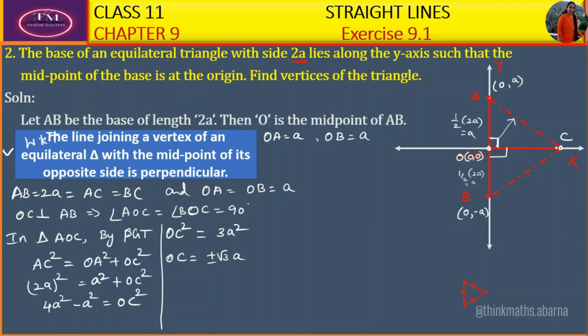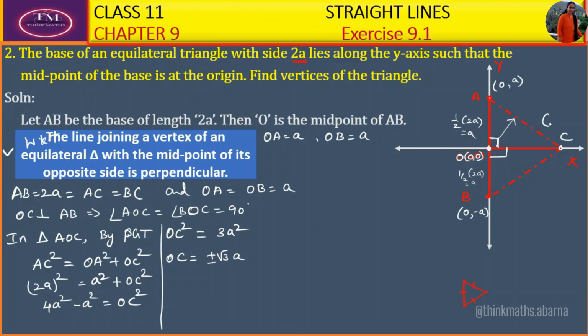So where is OC? As it is perpendicular, this OC will be on the x-axis. This O is at the origin, and as OC is perpendicular to AB, it will be on the x-axis. On the x-axis, the y coordinate will be 0. So this point will be at the length of OC.